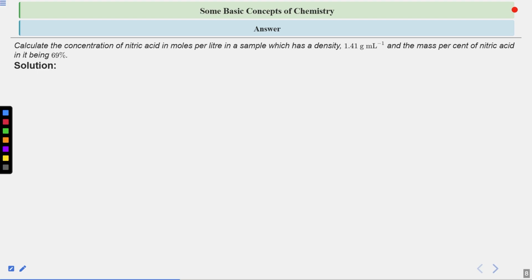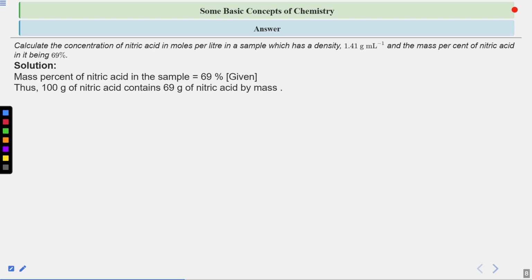So we have to calculate the concentration in mole per liter, means we want to know the molarity. And it is given that the mass percent of nitric acid is 69%. Again, the same analogy, students. See here. If it is 69%, then by this we mean that the solution of 100 gram will contain 69 gram nitric acid. Same analogy that we use there.